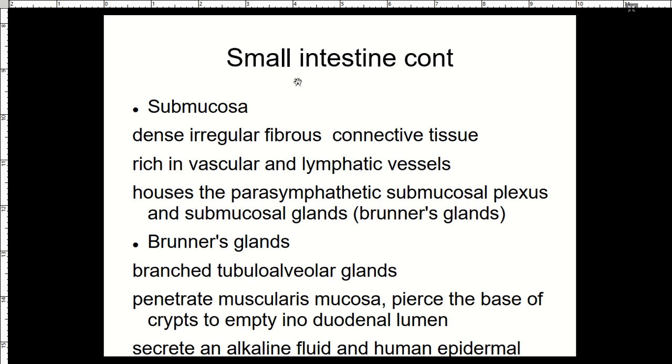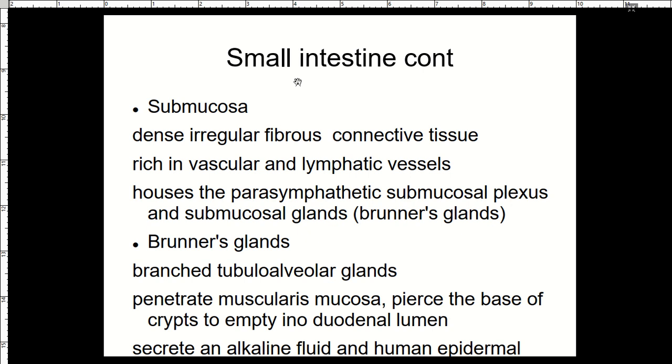Let's take a look at the submucosa. The submucosa has dense, irregular, fibrous connective tissue, which is rich in large vascular and lymphatic vessels, and it houses the Meissner plexus, remember, or the submucosal plexus. In the duodenum, we have these Brunner's glands that are unique to the duodenum.